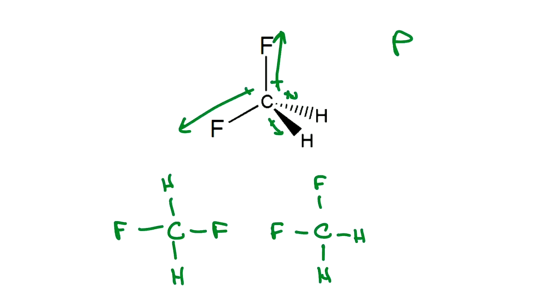We have 2 fluorines, and in one it looks like the fluorines cancel their vectors out, but carbon is not flat. It's actually a tetrahedron. So both of these molecules are the exact same. They actually look like this. Both of these molecules are polar. This question did very, very poorly on the exam.